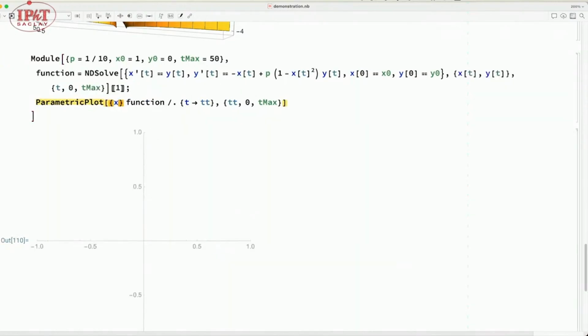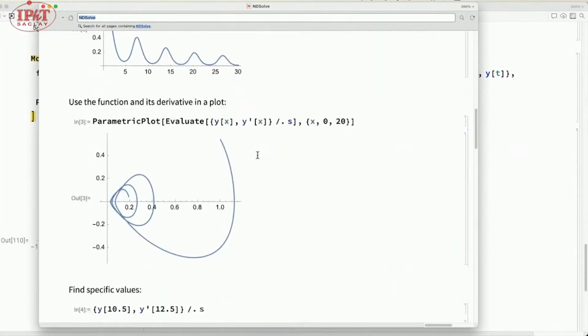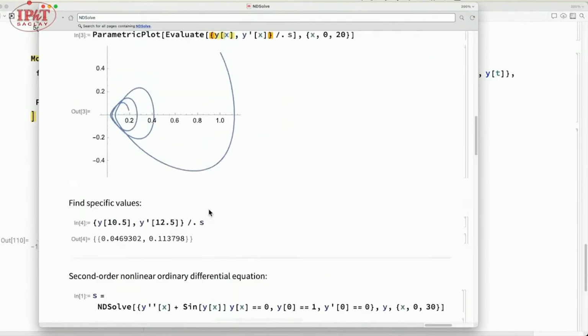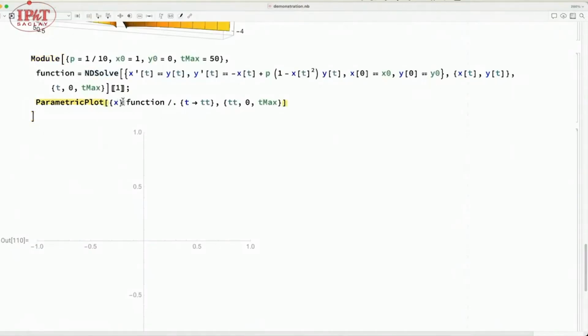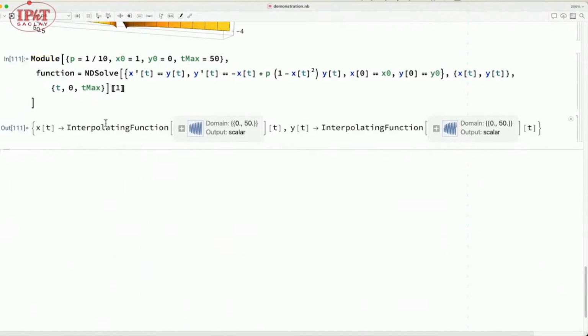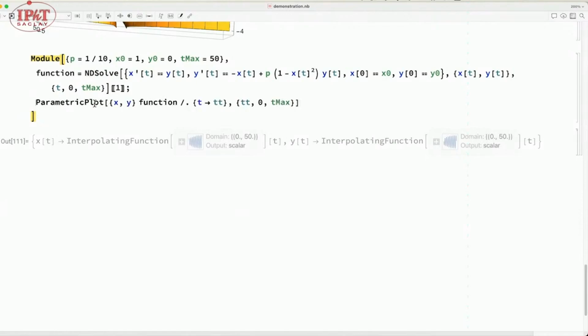So for the parameter, I need to do x. I think I saw this example in the NDSolve documentation. What's the replacement? We do x, yeah, x. It's xt. I need to do xt, yt, like that.